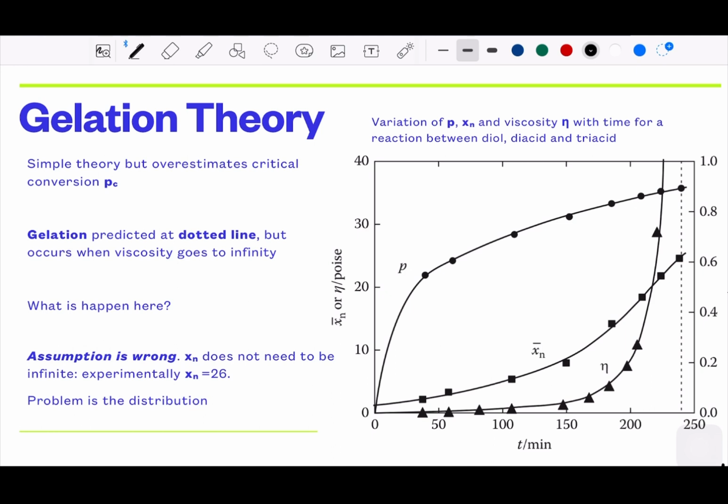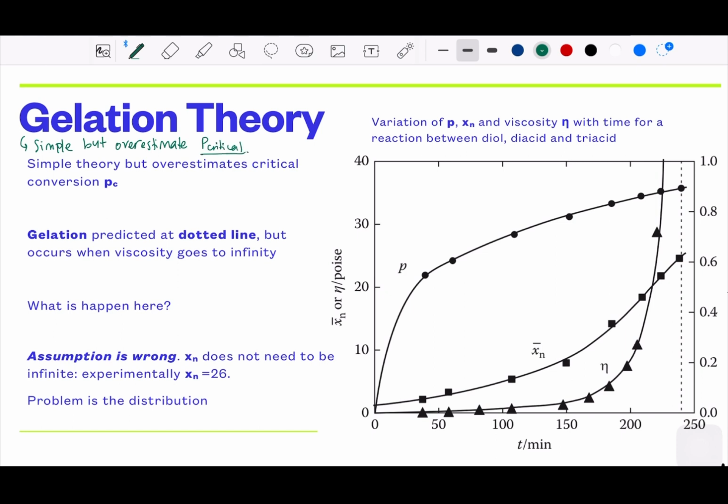So first is the assumption. So sometimes in this gelation theory, let me write: gelation theory is simple, but overestimates the P critical.